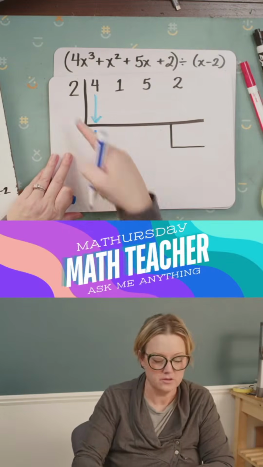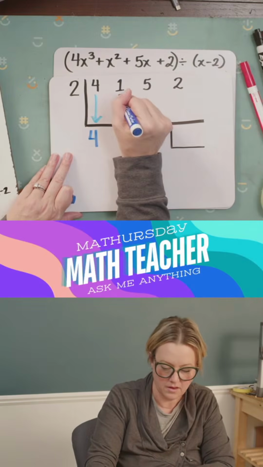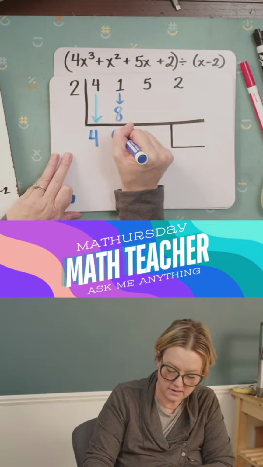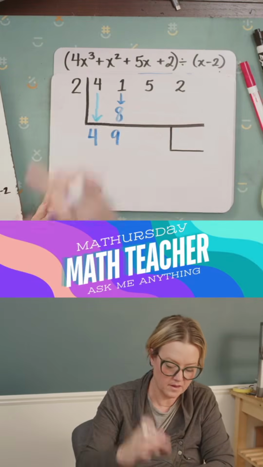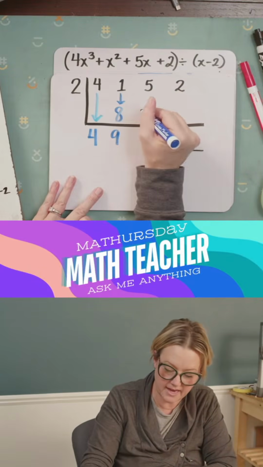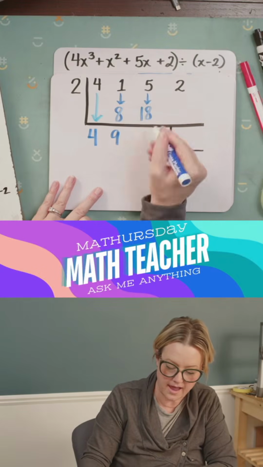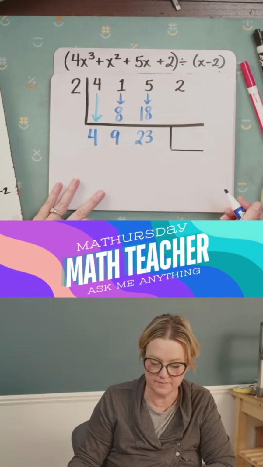Okay. 2 times 4 is 8. 1 plus 8 is 9. Okay, 2 times 9 is 18. Add. 5 plus 18 is 23.